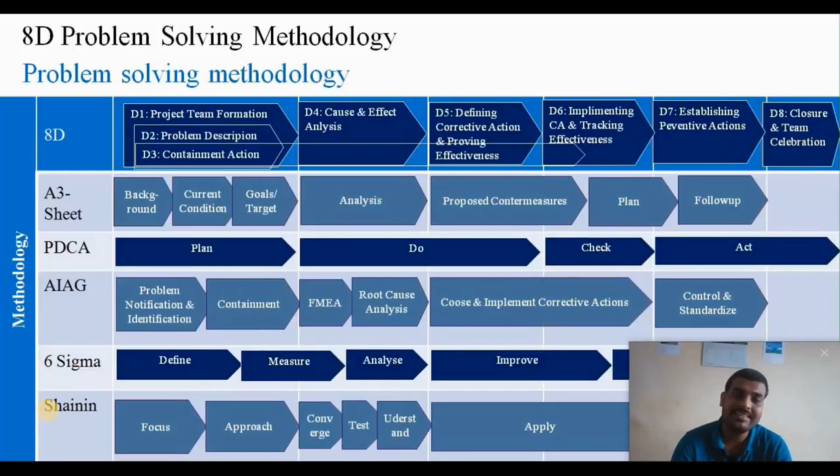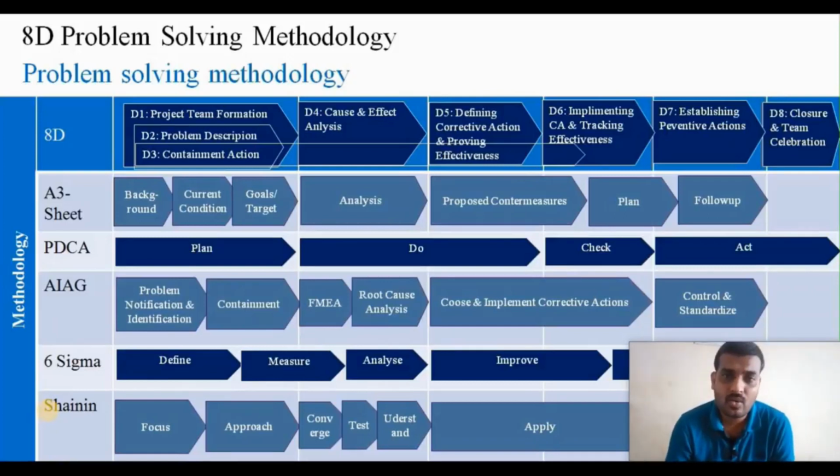And Shainin is an advanced problem solving methodology which uses the thinking of moving from Y to X, that is from the output variable to the root cause, that is the red X. So this is about the problem solving methods.